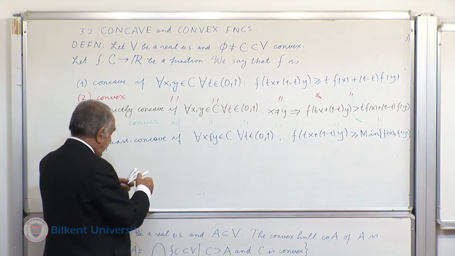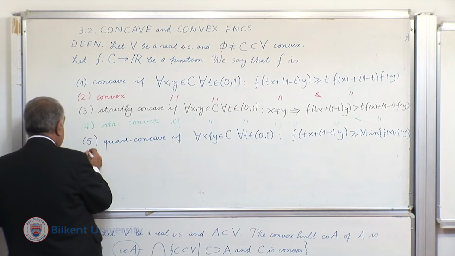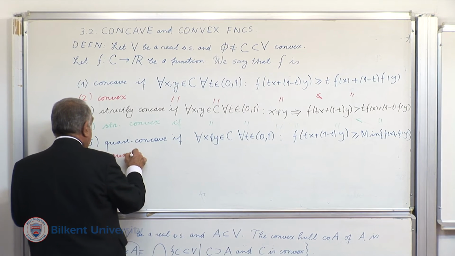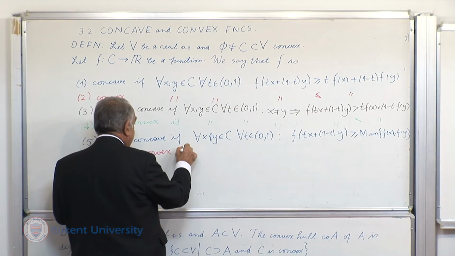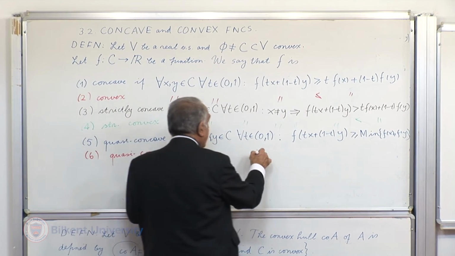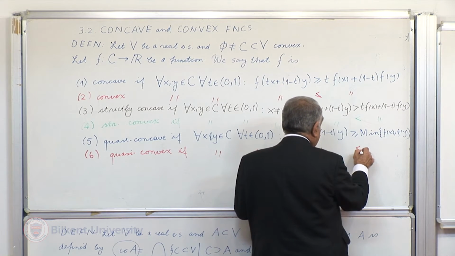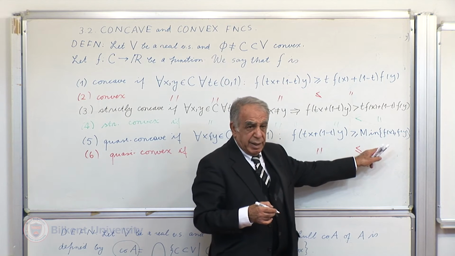Then 6, it's said to be quasi-convex if this holds, this here gets reversed, but this gets reversed as well.